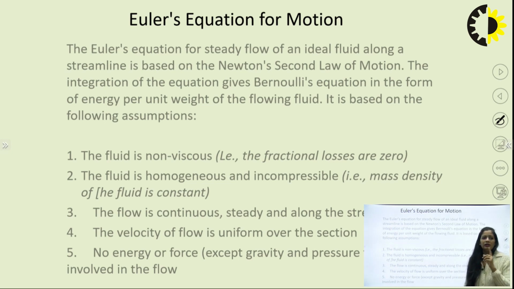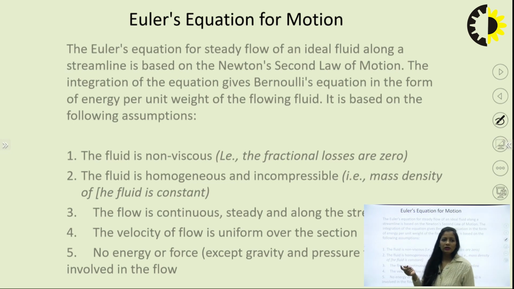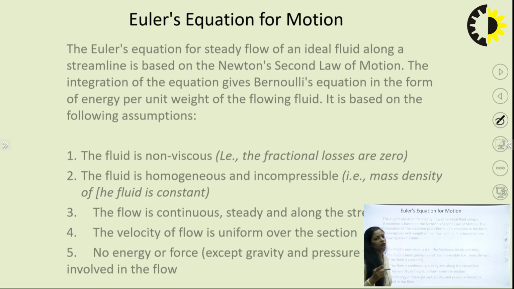Euler's equation for steady flow of an ideal fluid along a streamline is based on Newton's second law of motion. The integration of the equation gives the Bernoulli equation in the form of energy per unit weight of the flowing fluid, based on the following assumptions.